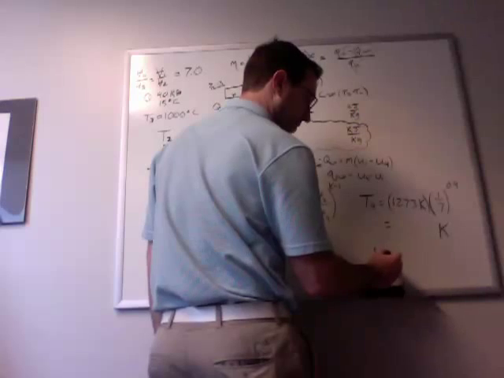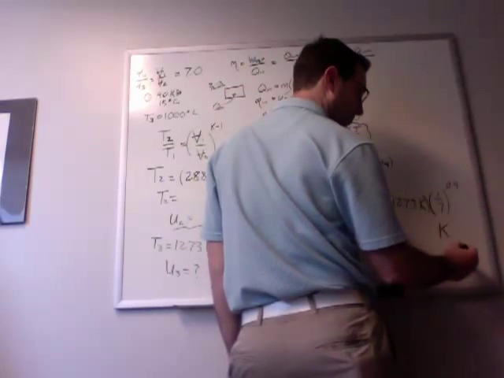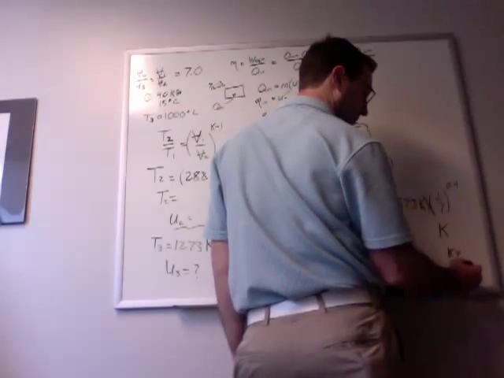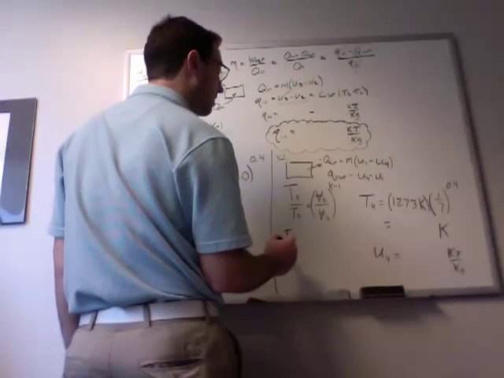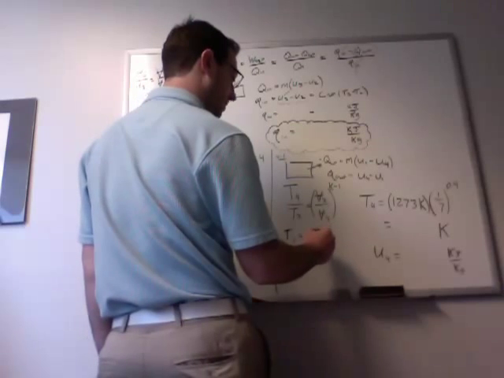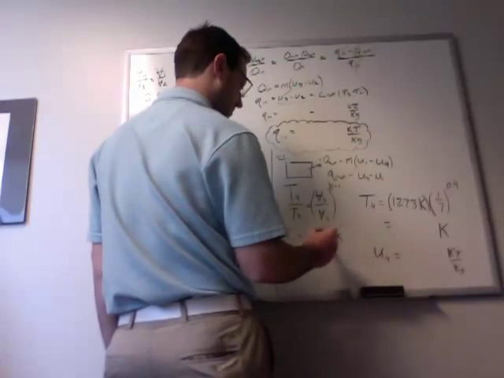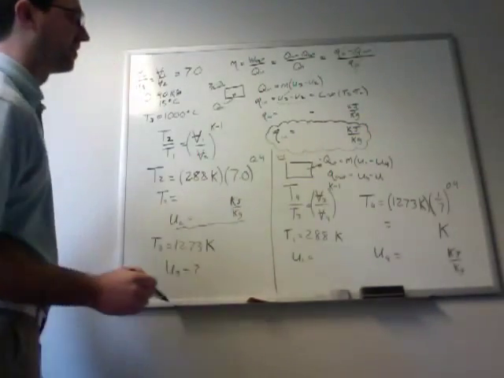That's going to get me U4 from table A17 in kilojoules per kilogram. And also, I know T3 I've already gotten. T1 is 288 Kelvin. Based on that, I can get U1 from table A17.